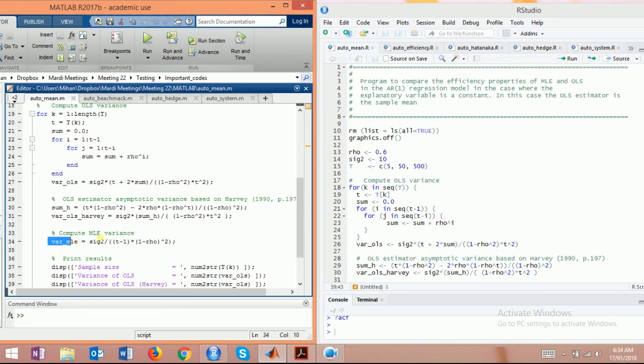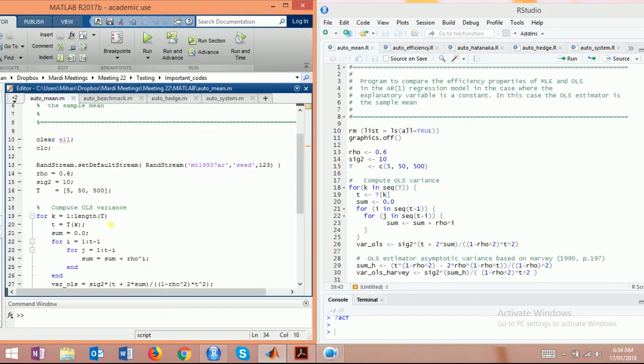Whether they are asymptotically efficient or not is proven because we run 5, 50 and 500 times. For 5 and 50, t does not tend to infinity, but when we do it for 500, t tends to infinity.